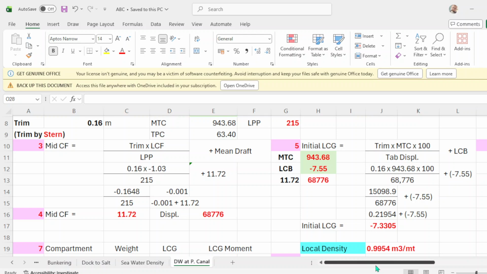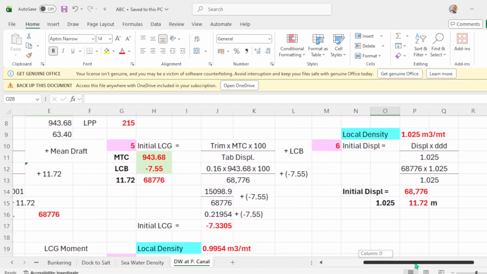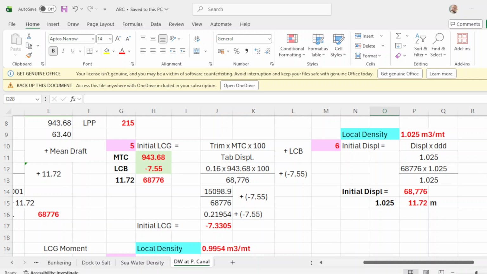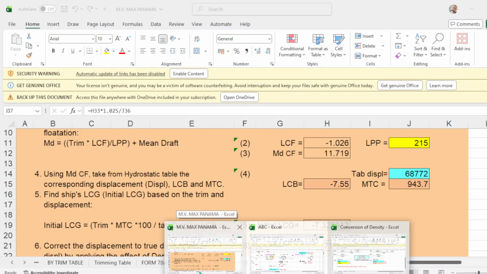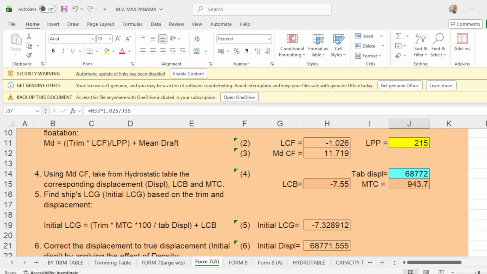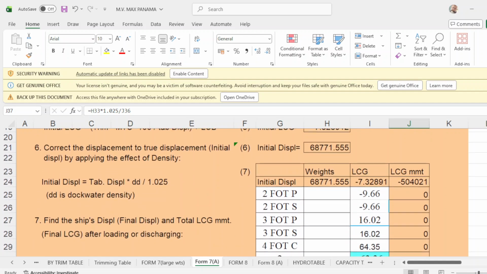And number 6 says, correct the displacement to the true displacement or initial displacement by applying the effect of density. So the displacement is J14.